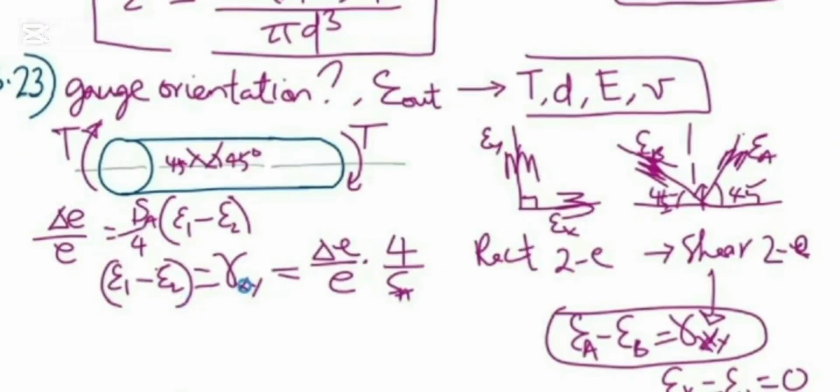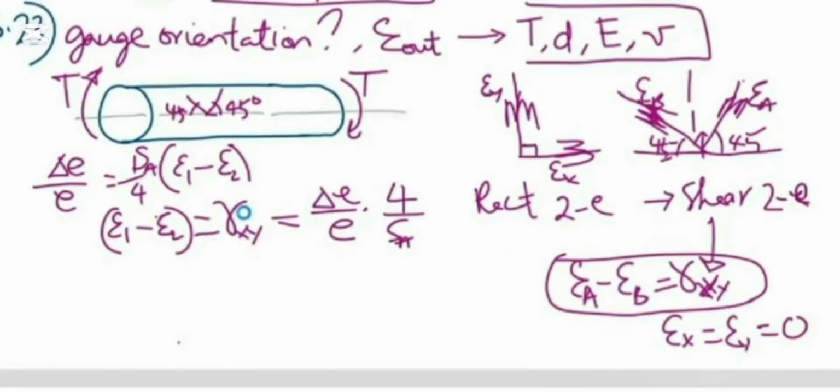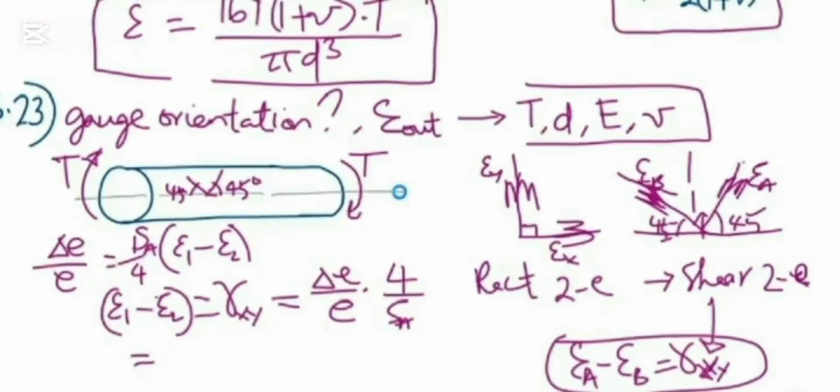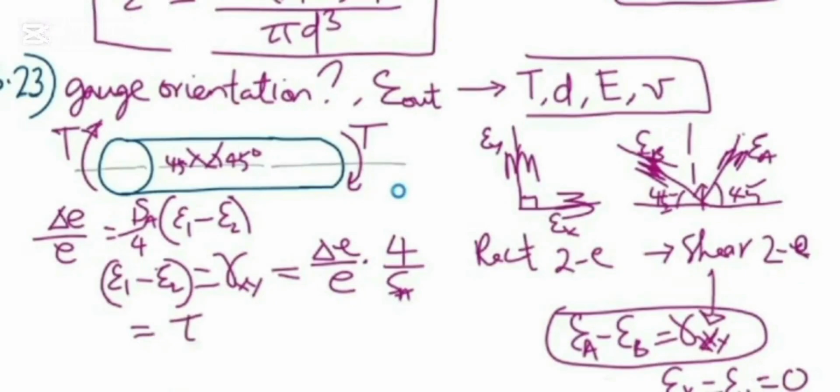But in this case, it's not going to be divided by 2. So you convert the shear strain directly, which is going to be equal to what? Tau all over G, the shear modulus, which is going to be equal to 16 all over 2G.